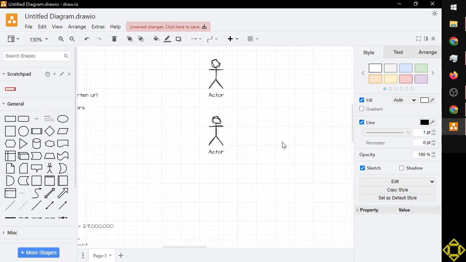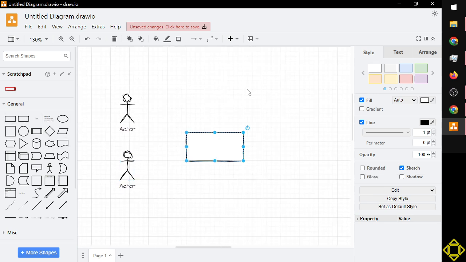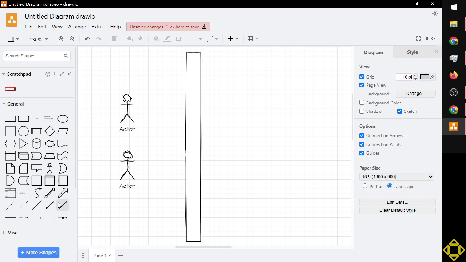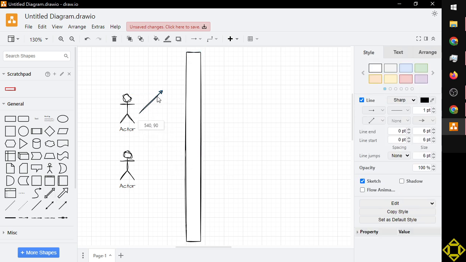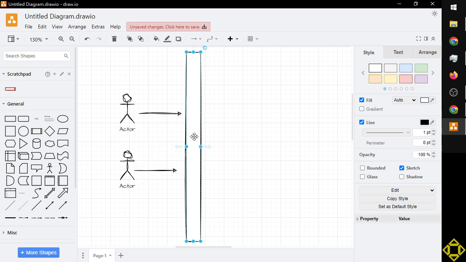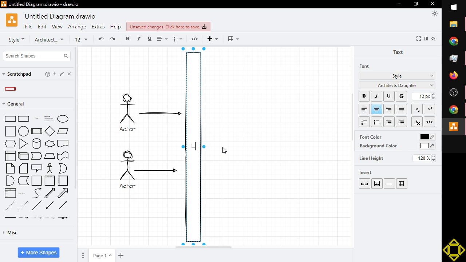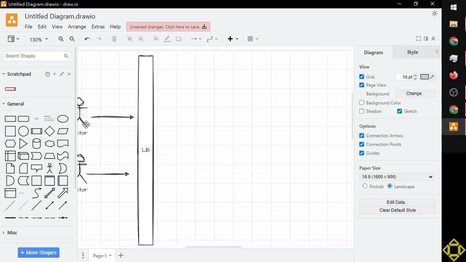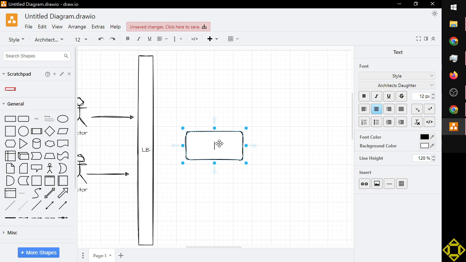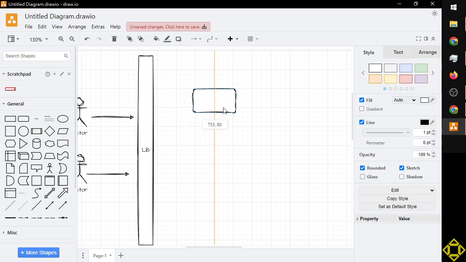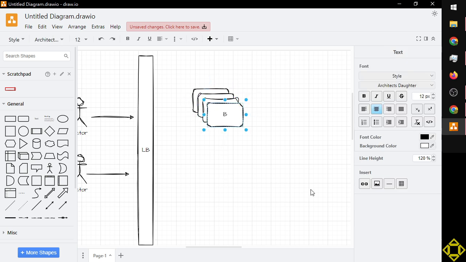And also, we will have a load balancer. This will be our load balancer and our users, LB. And we will have our backend server. Because they will have a load balancer, they will have many machines.